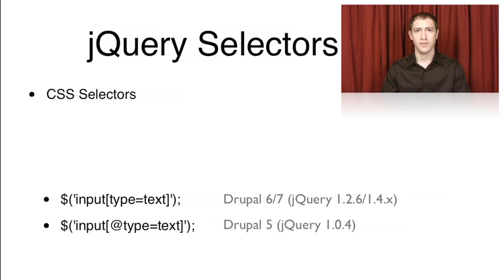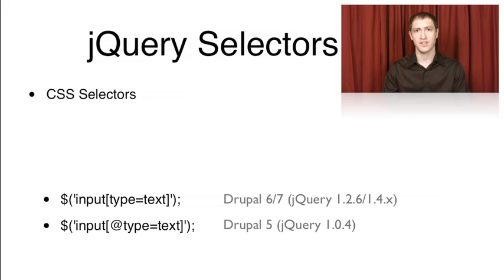It's important to note that this attribute selector is probably one of the biggest differences in the jQuery API between older versions and the newer ones. The first version of jQuery ever included in Drupal was in Drupal 5, and it was jQuery 1.0.4. Later versions of Drupal then included newer versions of jQuery.